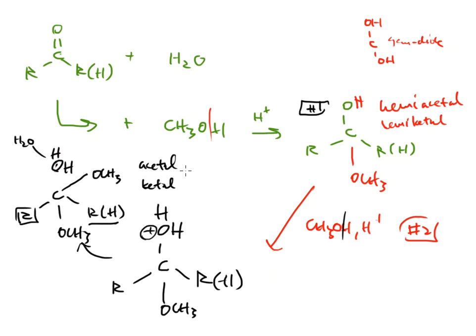So once again, a different nomenclature, different kind of word. Learn your vocabulary. It's all about the words. Acetal, ketal, coming from aldehyde, ketone, and that came from hemiacetals and hemiketals, and that came from actual aldehydes or ketones with the reaction of alcohols.